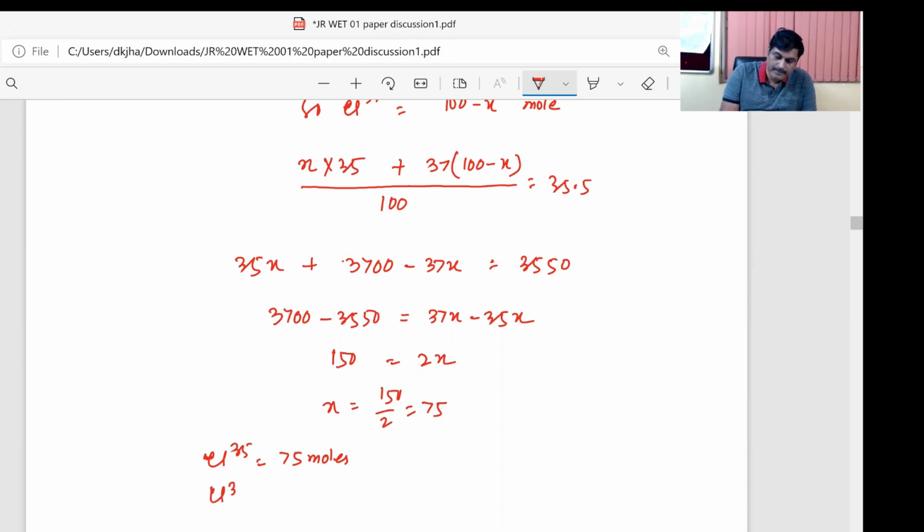Cl-37, 100 minus 75, that is 25 moles. So their molar ratio, Cl-35 by Cl-37 is equal to 75 by 25 is equal to 3 by 1.